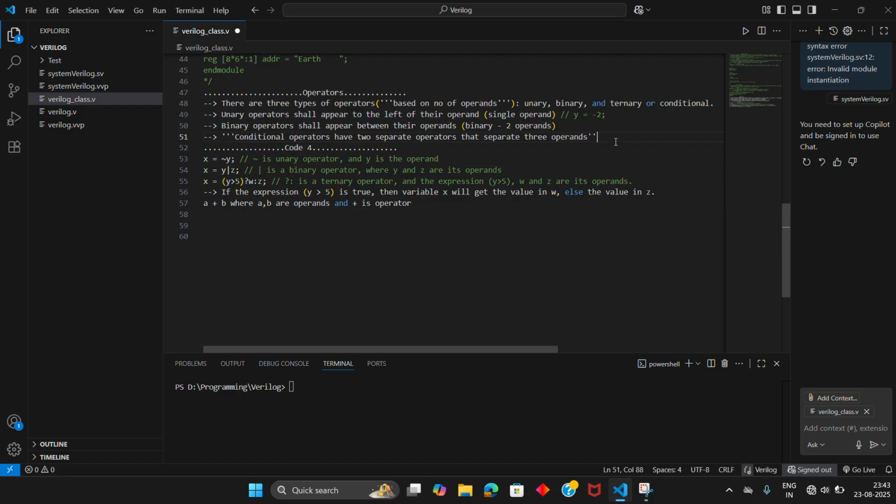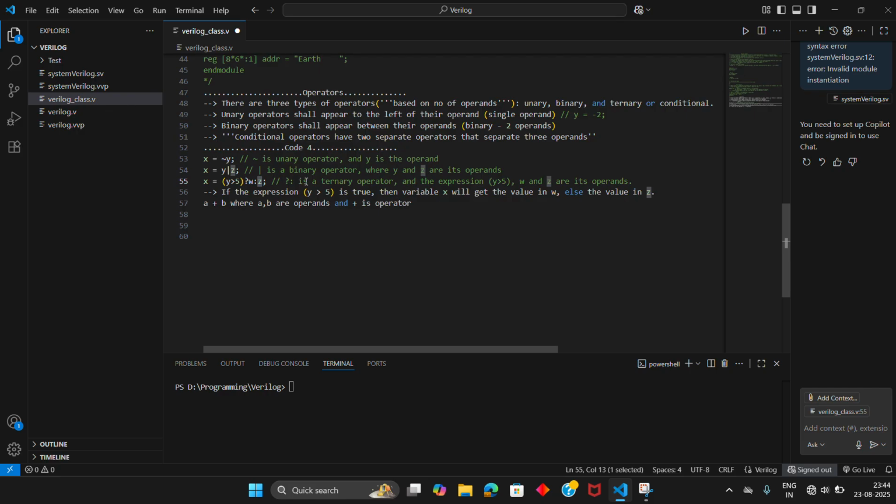So y greater than 5 is the condition. If this condition is true, then the value w will be assigned to x. If y greater than 5 evaluates to false, the value z will be assigned to x.